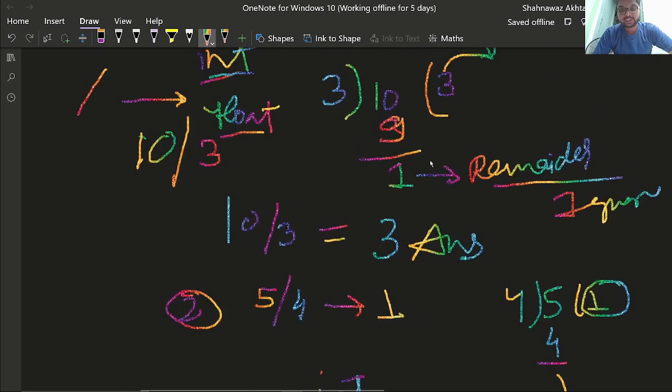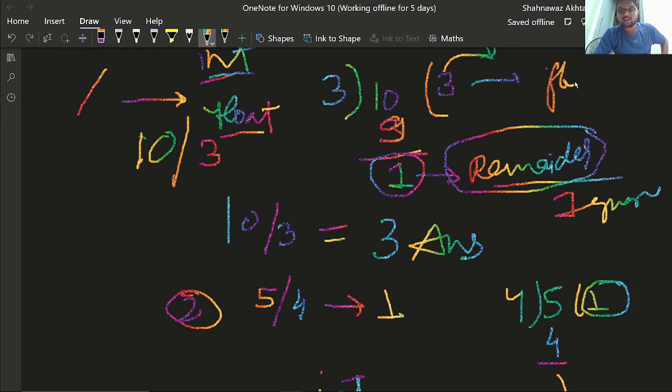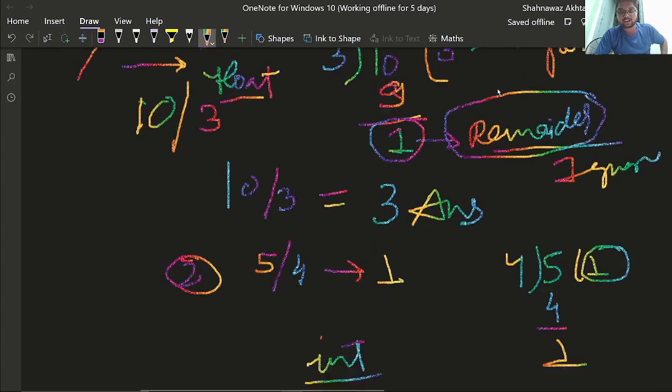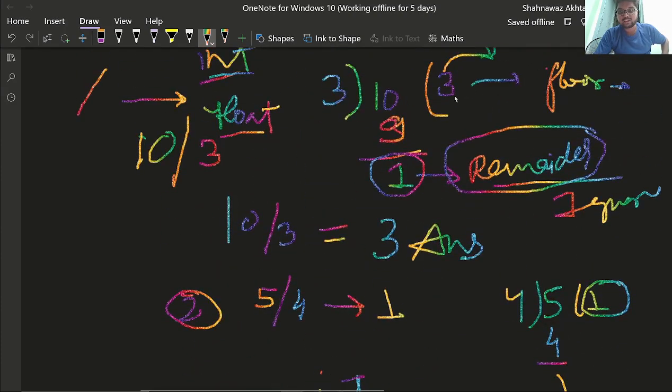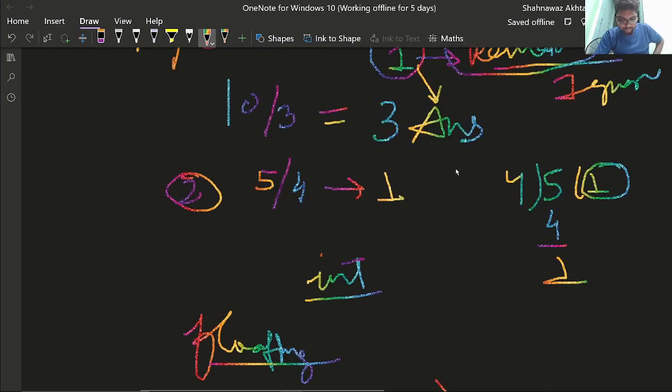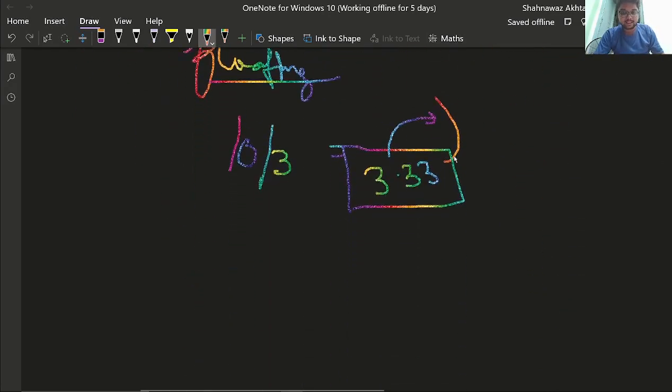It will not truncate the remainder. When the remainder is truncated, it can be considered as giving the floor value. Floor value I will tell you in the later part. But for now, just remember that for integers it gives only this part, and it truncates the remainder part. All right. I think you have understood.